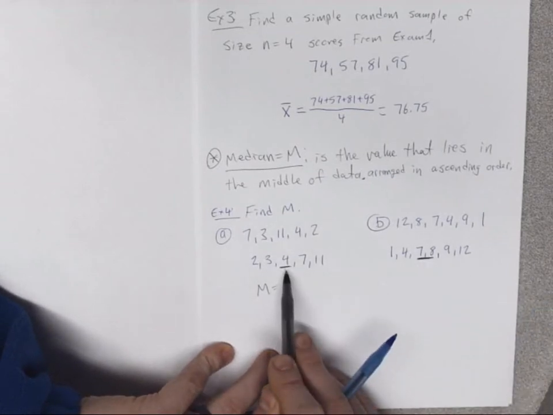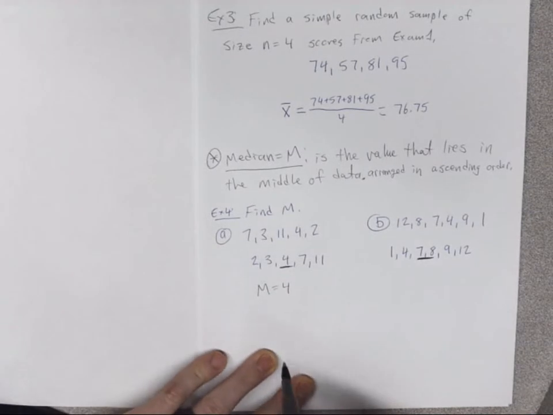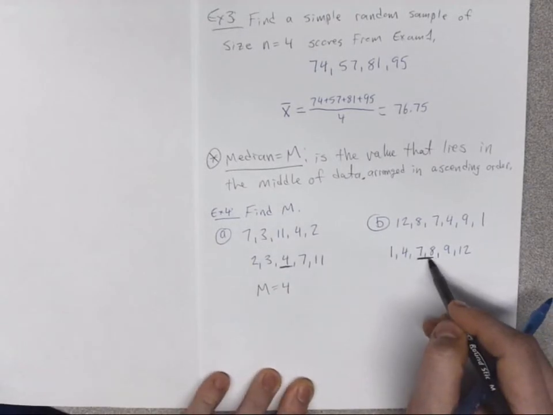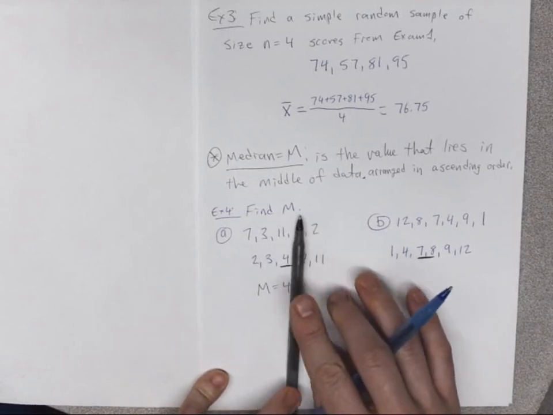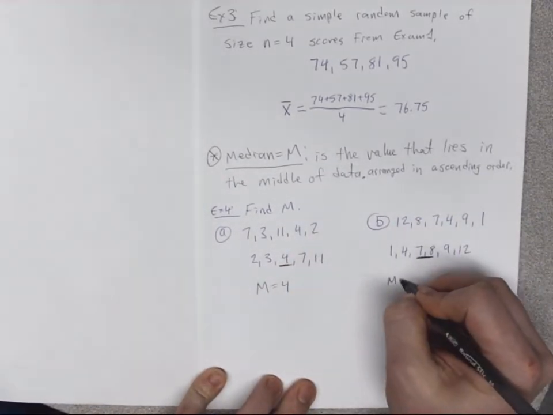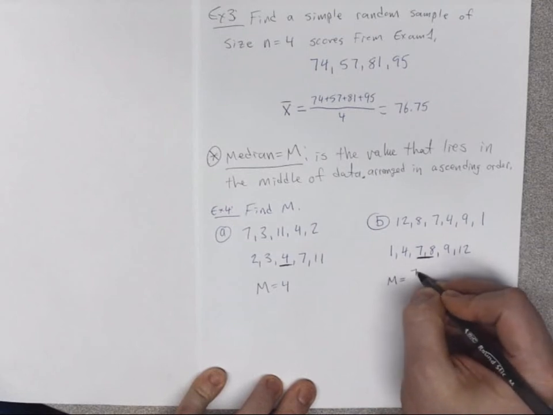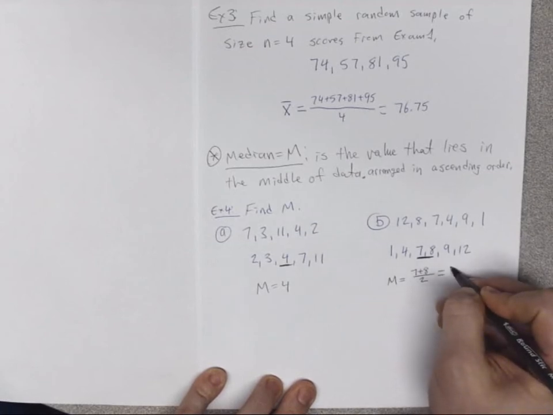Over here in part A, there was a number directly in the middle. So when we wind up with two numbers that are directly in the middle, you take the average of those. So you would say M is equal to those two added together divided by the total number that we added together, which is 2. So that equals 7.5.